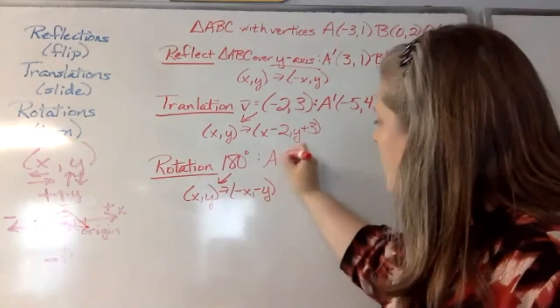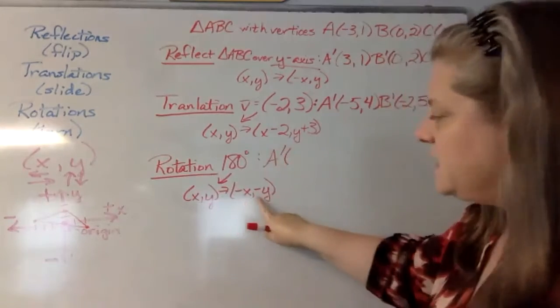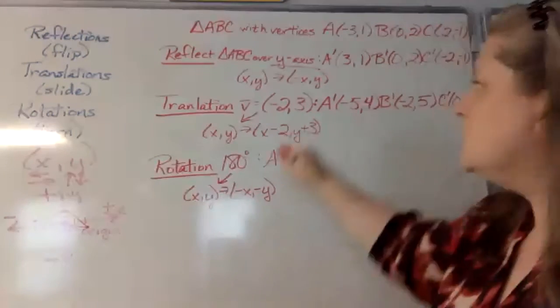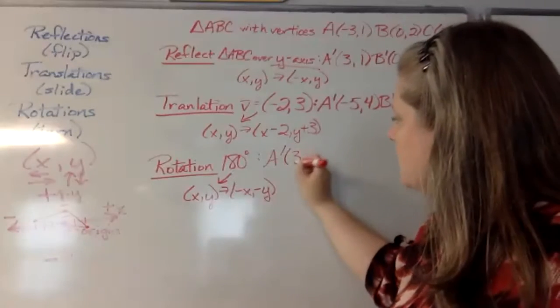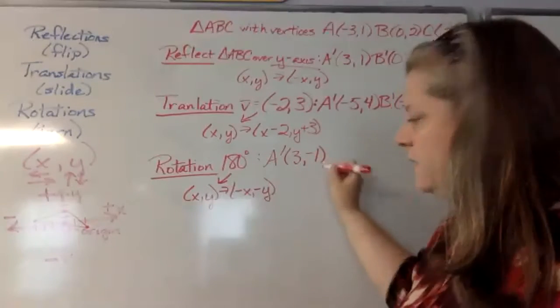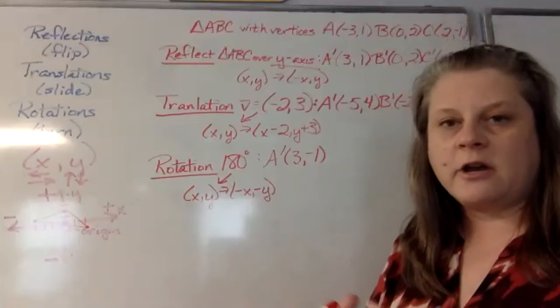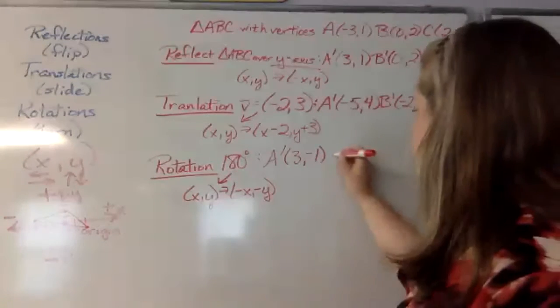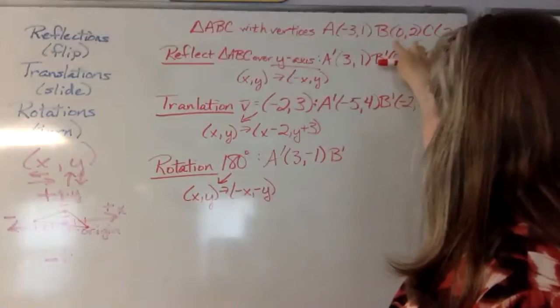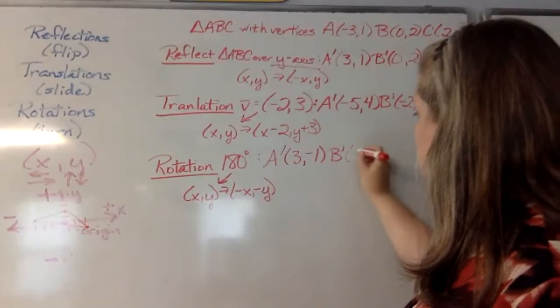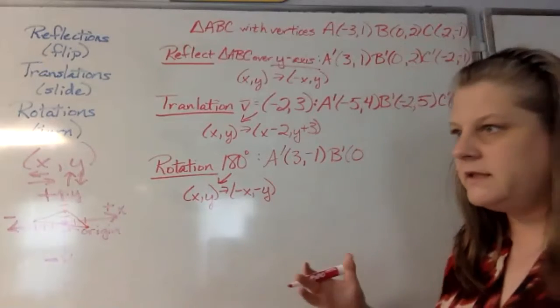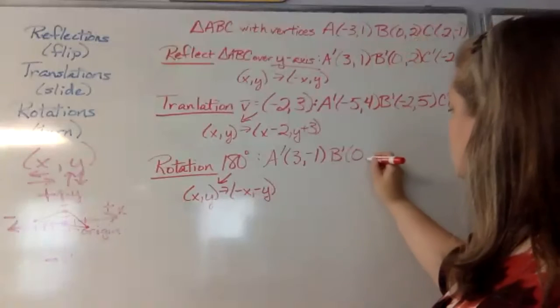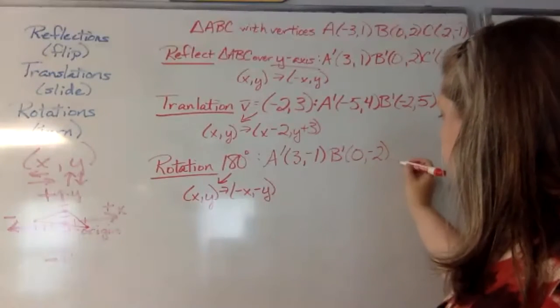So my A prime, I just changed the signs on each one. So if I had -3, +1, it's going to become +3, -1. That's rotating that triangle 180 degrees. If I had 0, 2, that's going to still be 0 because 0 is not positive or negative, it's just 0. And then the +2 will become a -2.